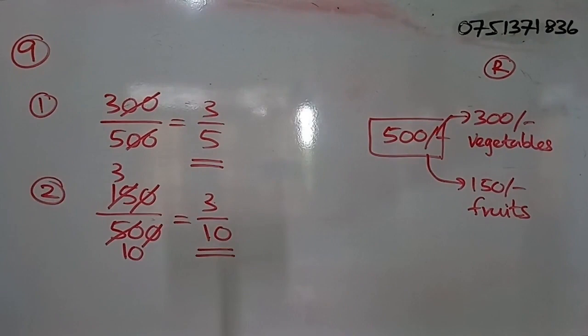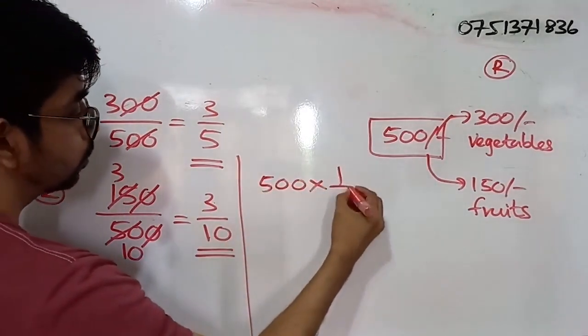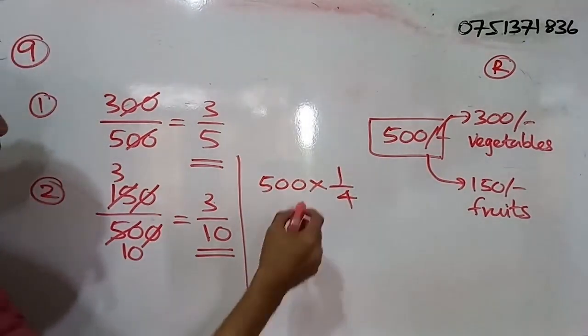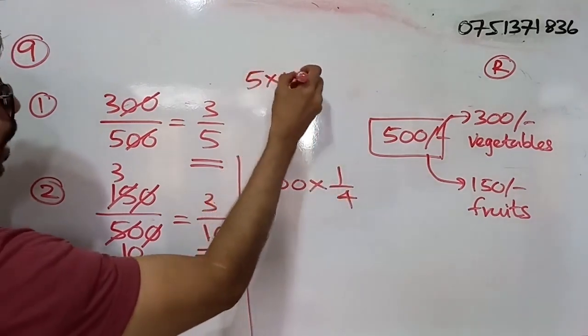If she had planned to save a quarter of the money she had taken to the market, was she able to fulfill her plan? Give reasons for your answer. Right, so she planned to save a quarter from 500 rupees. So what is the amount? 500 divided by 4. 500 means what? 5 into 100.